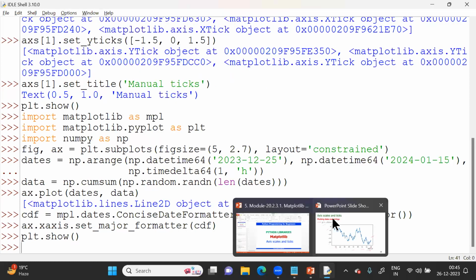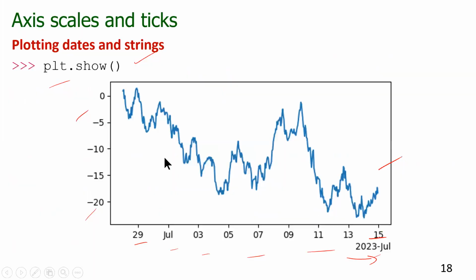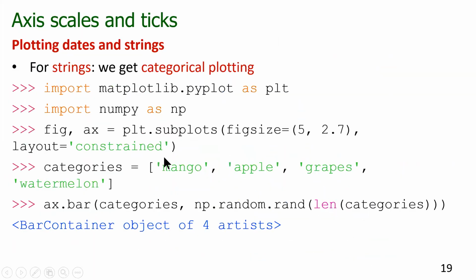Similarly for strings also. For strings also you can give the labeling of your choice. For strings we get categorical plotting. The same program: import matplotlib.pyplot as plt, import numpy as np, then figure, axis equal to plt.subplots, the same size, constrained layout. Here we are taking categories. For example, fruit names are taken: mango, apple, grapes, watermelon.